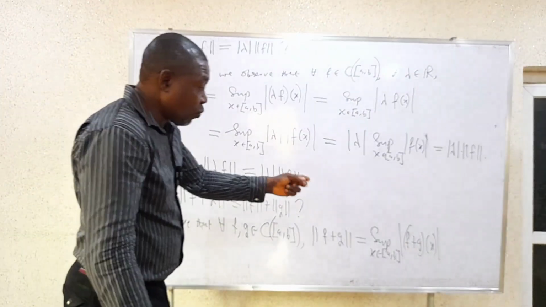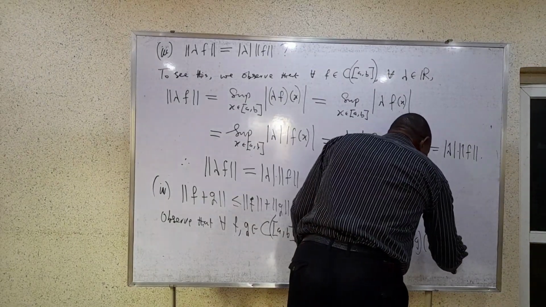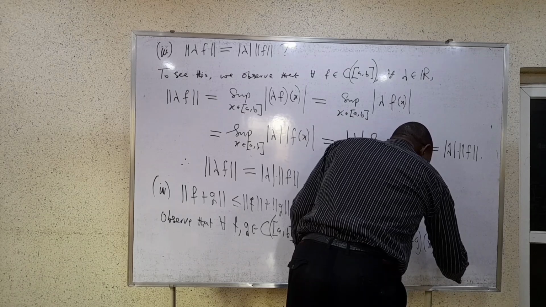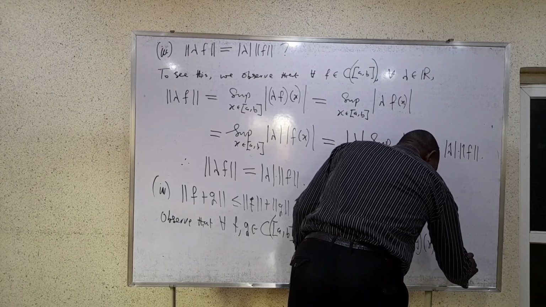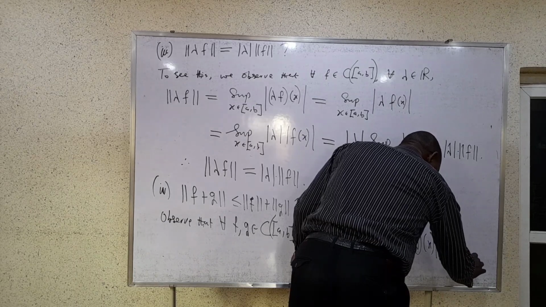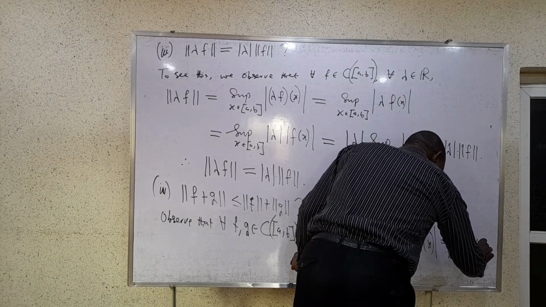And if we go further by the definition of sum, we can now write it as the supremum over x in [a,b] of absolute value of f of x plus g of x.